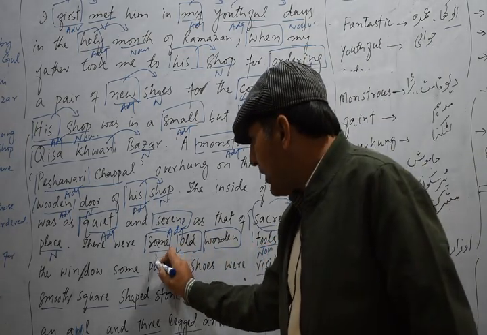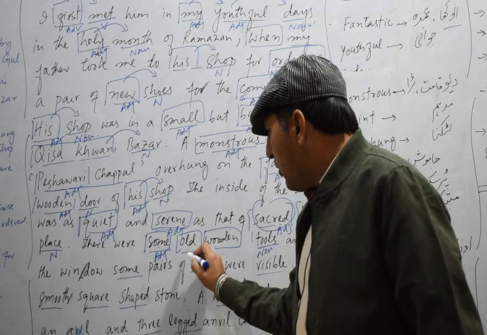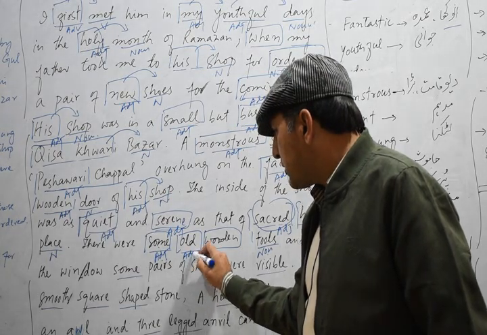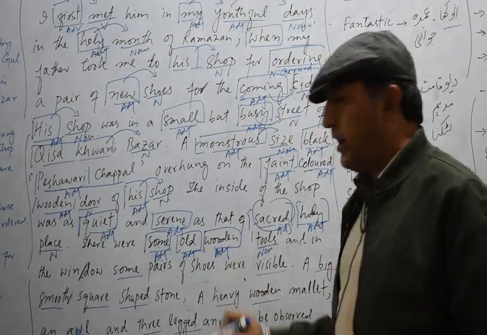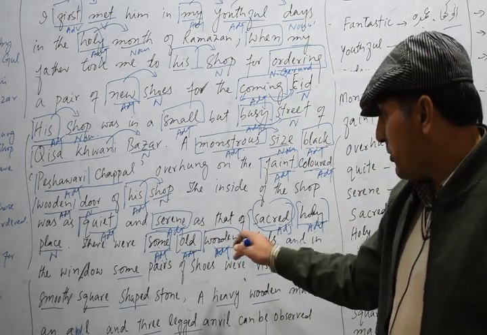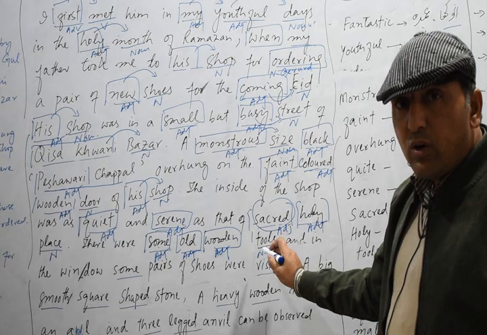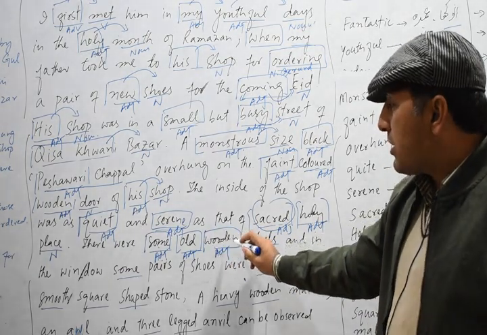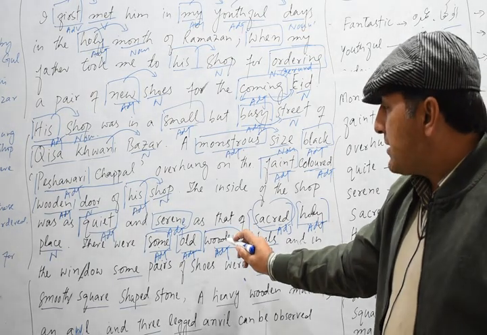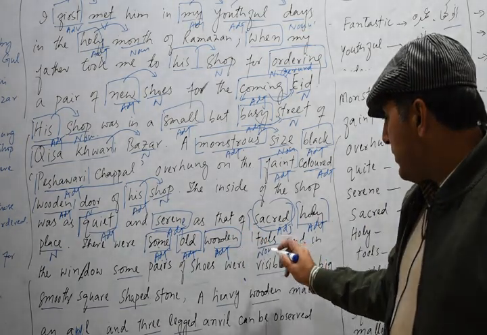So some is also an adjective, this is an adjective of number. Old is also an adjective, this is an adjective of quality. Wooden is also an adjective of quality. So these three words are working as adjectives in this phrase.